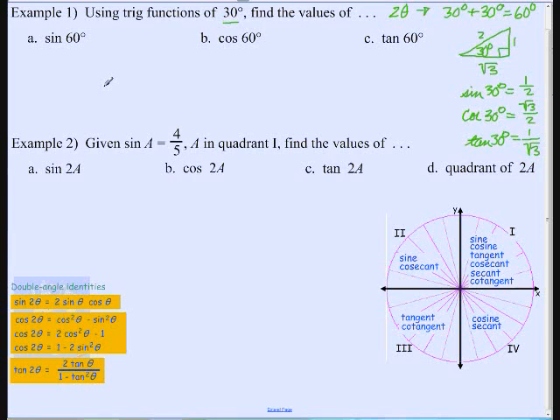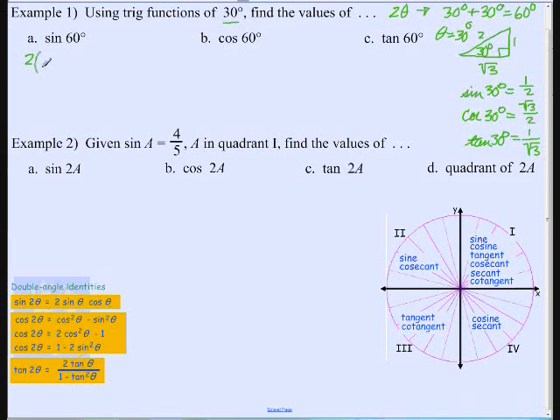All right, so what's the sine of 60 then? We're going to use our single theta, which is, I should write that down. Our single theta is 30 degrees, right? Half of double. It's 2 times the sine of single theta times the cosine of single theta.